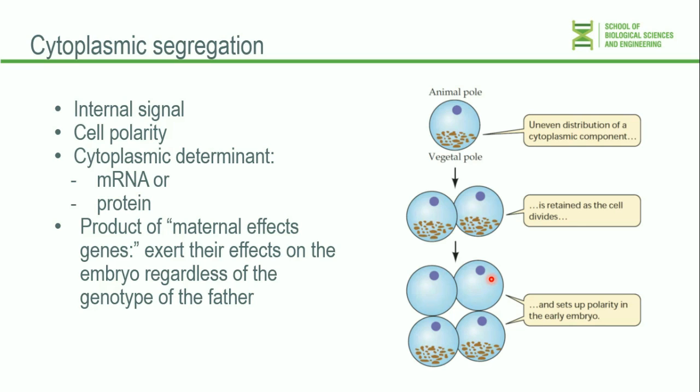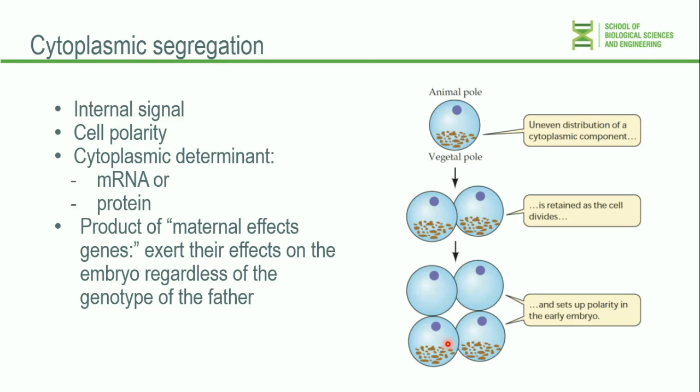And these may have some cytoplasmic determinants not shared with these cells. So already by unequally distributing these cytoplasmic determinants in the cell, we are setting the stage after subsequent divisions for differential gene expression.